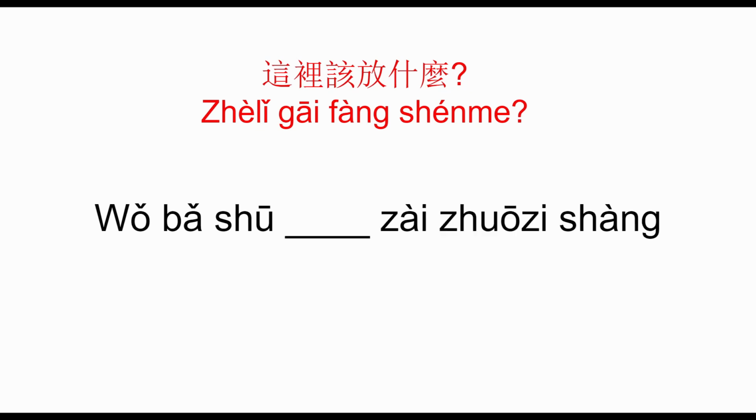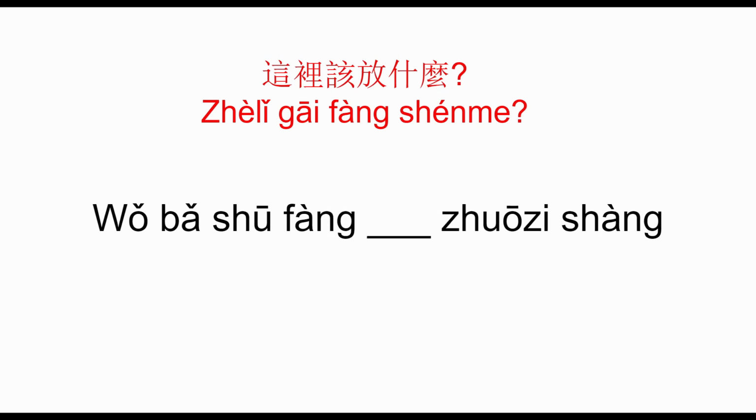Okay. 这里该放什么? 我把书 Beep. 在桌子上. Okay, guys, you know the drill for this one. You would put something there. What would you put in that gap? 我想他们知道你的意思. The answer is 放.